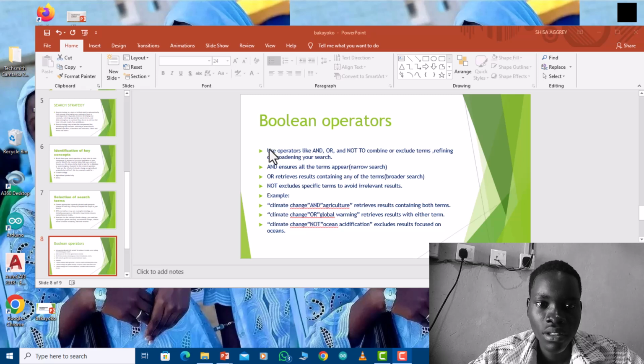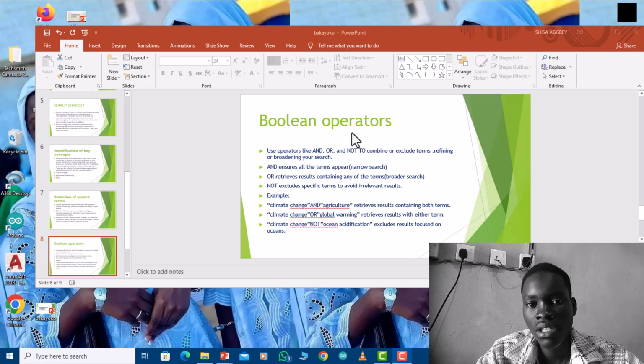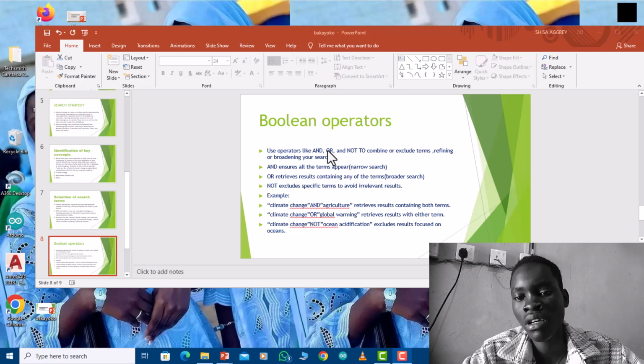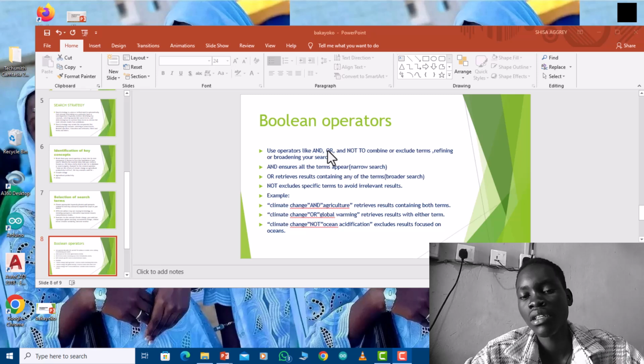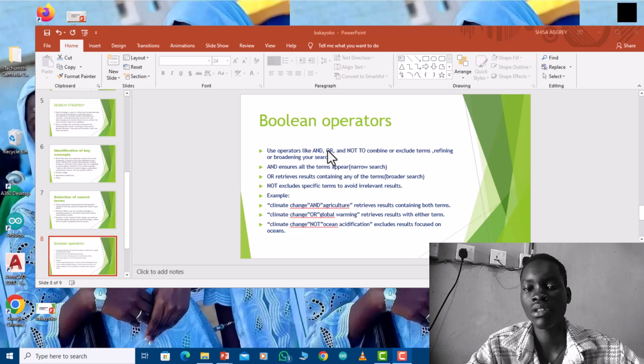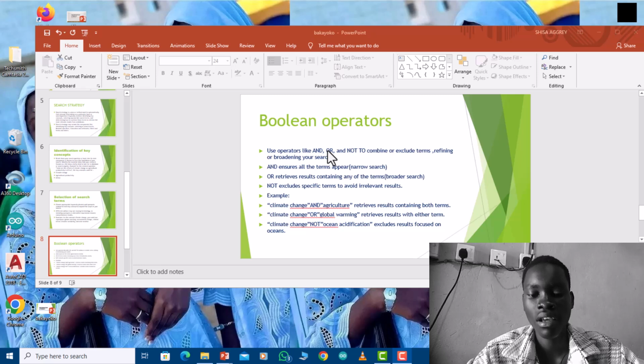The first point is to use operators like AND, OR, and NOT to combine or exclude terms, refining or broadening your search. When you are typing your research topic, you need to keep your grammar in mind. There are situations where it needs these operators.